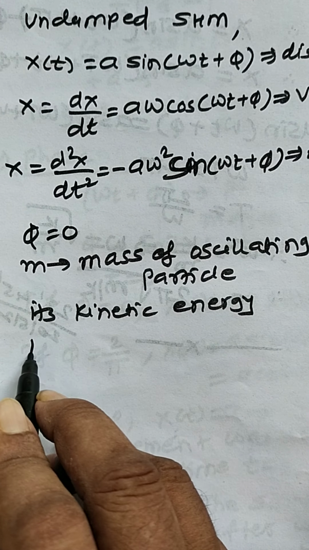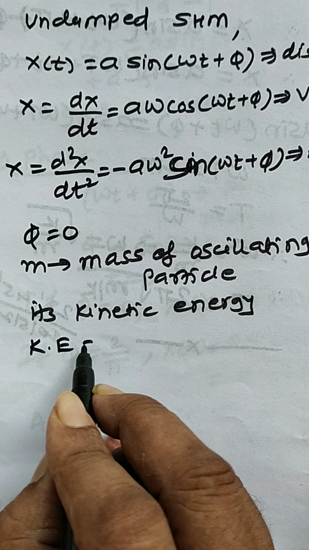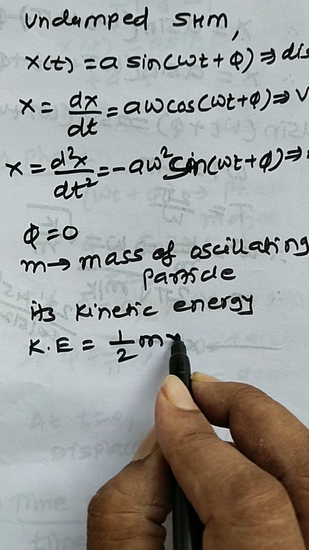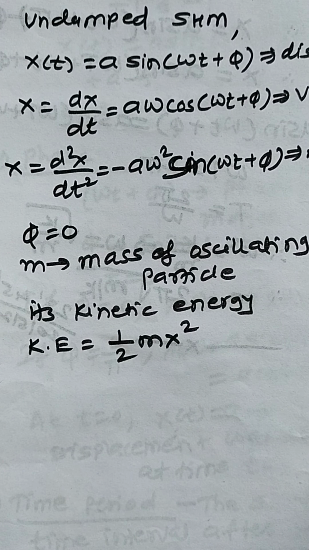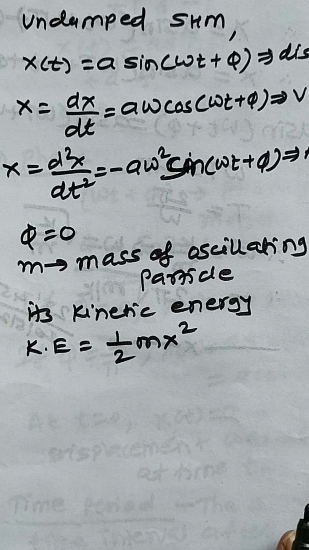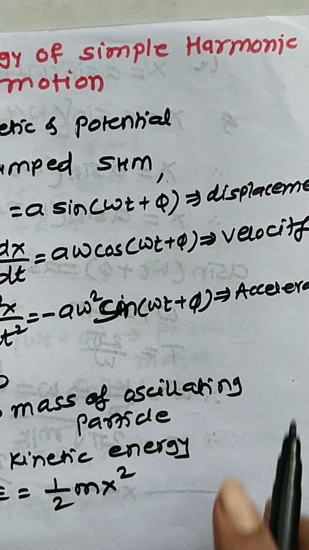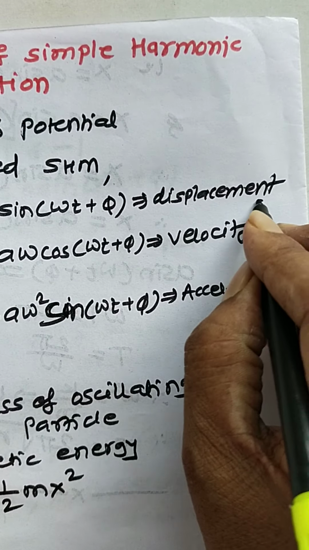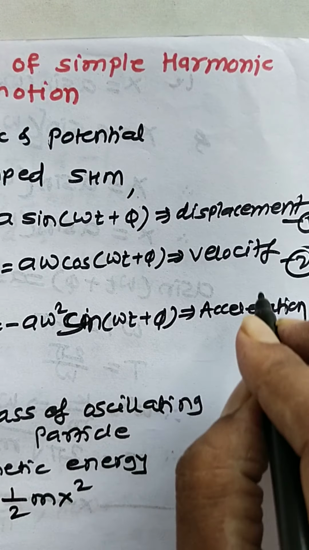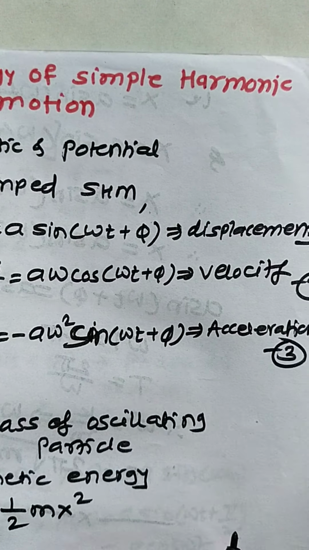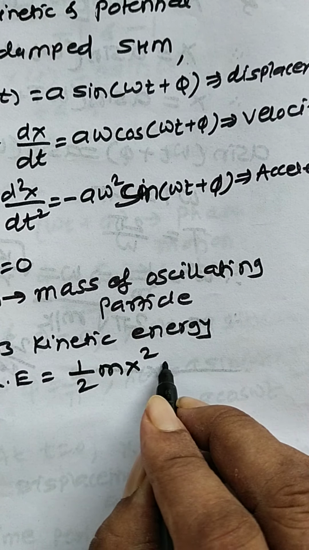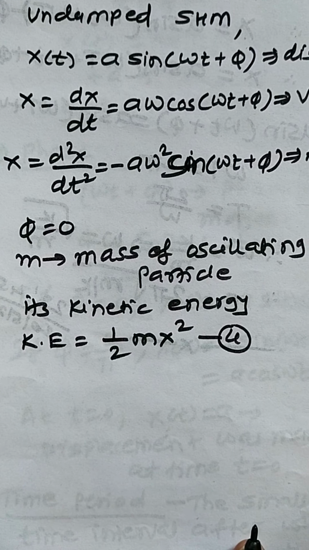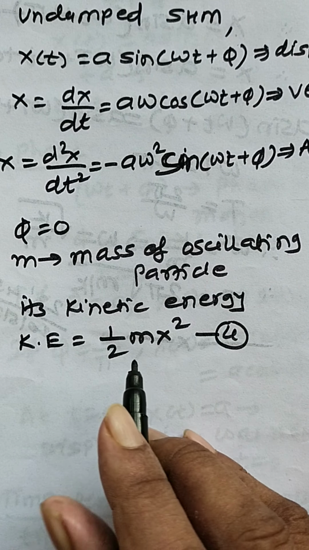Kinetic energy is equal to 1/2 m ẋ², that is, 1/2 m (dx/dt)². We call this equation 4.